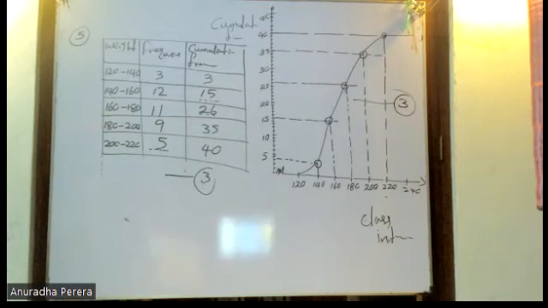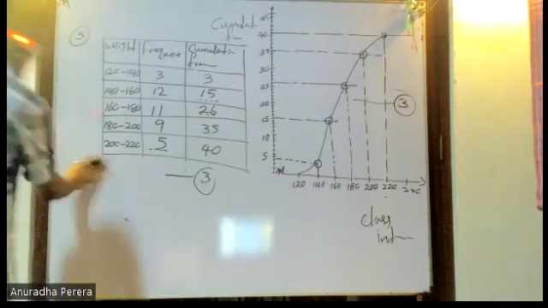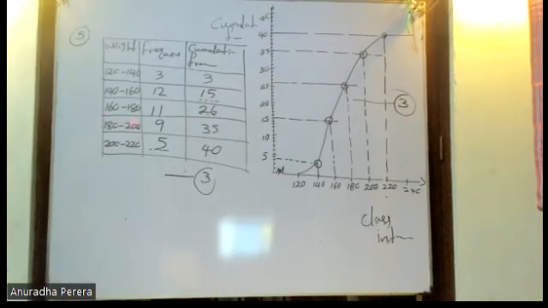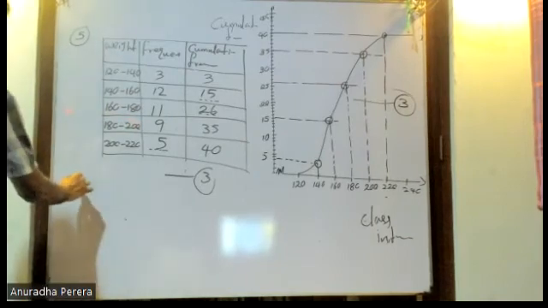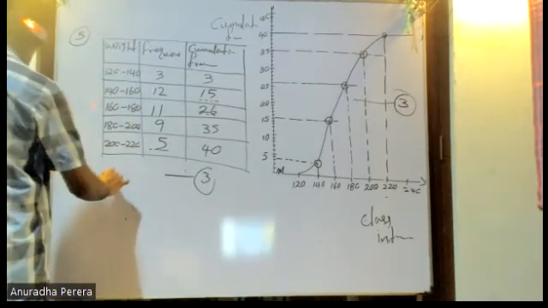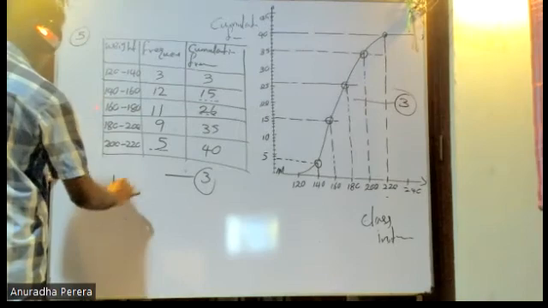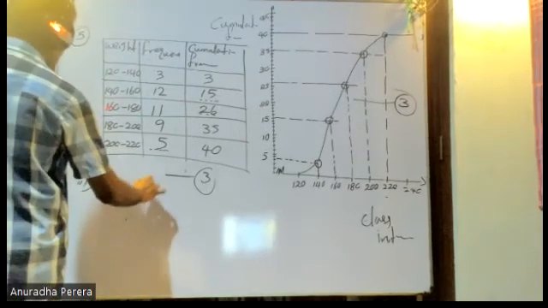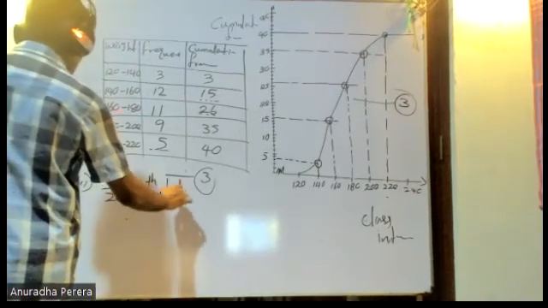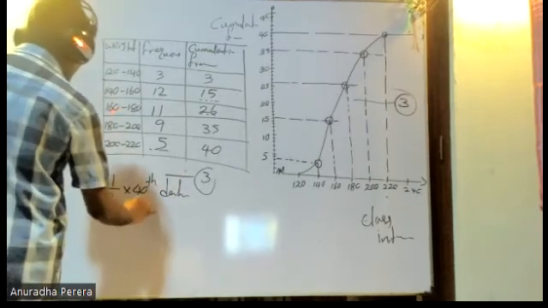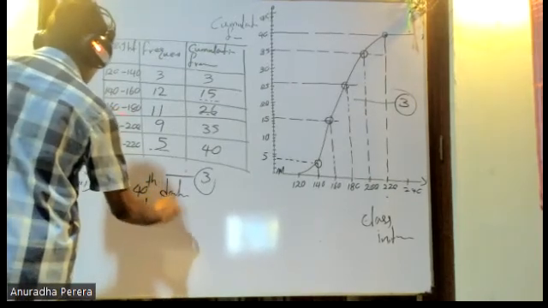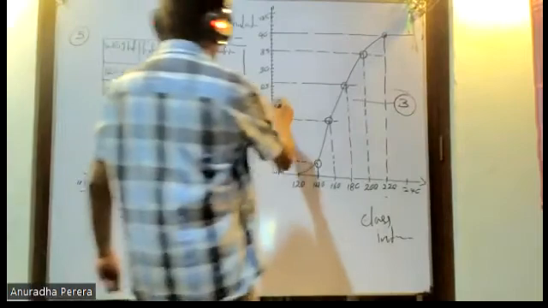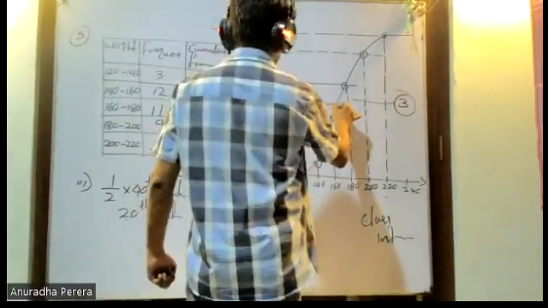Then how many data? There are 40. Then median, half of 40, the 20th datum. Right? You can draw this 20, and the relevant coordinate can be determined.